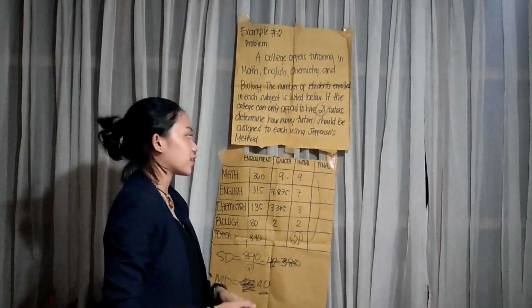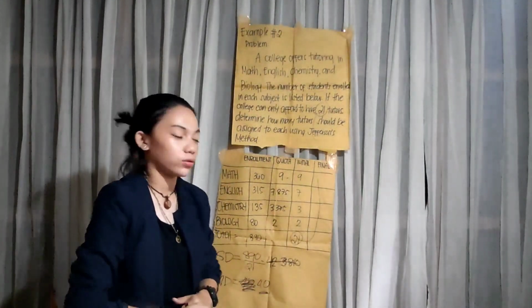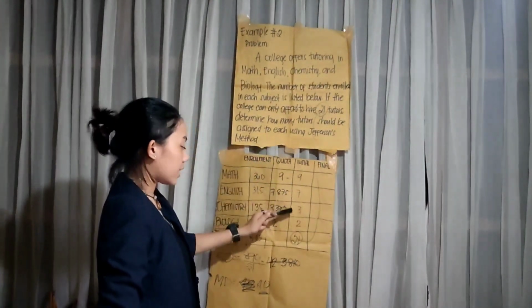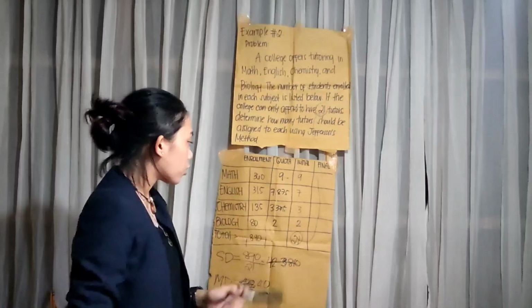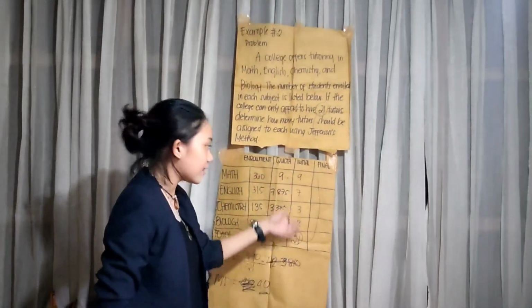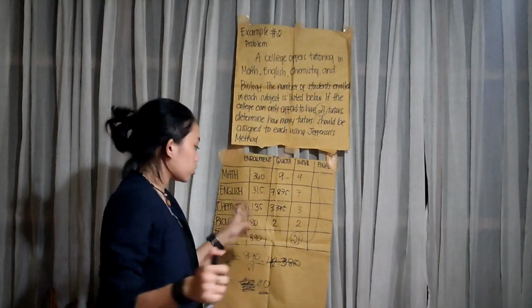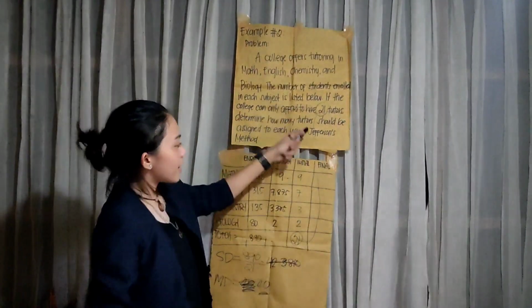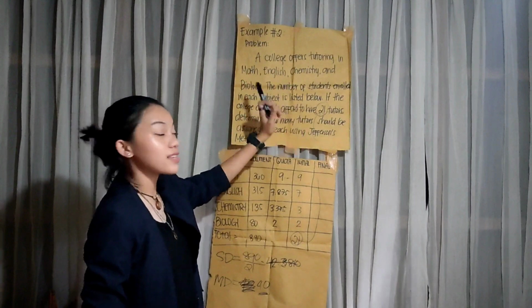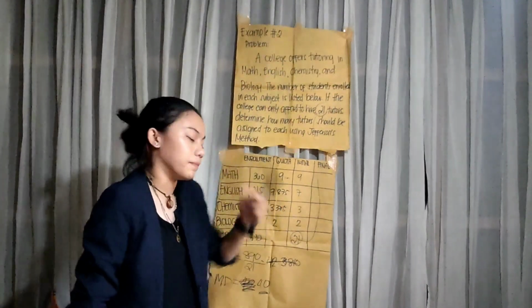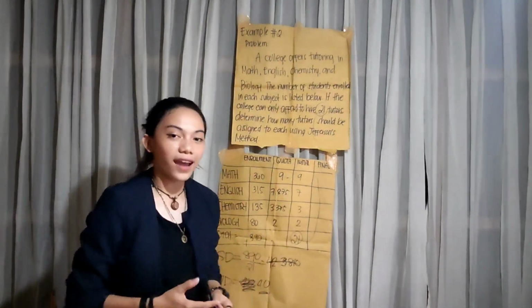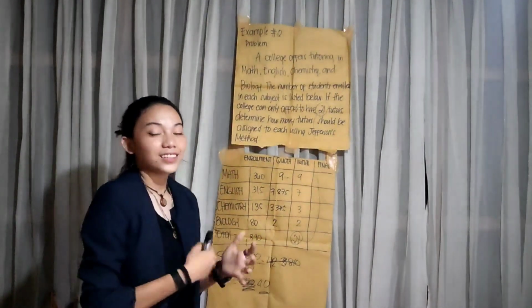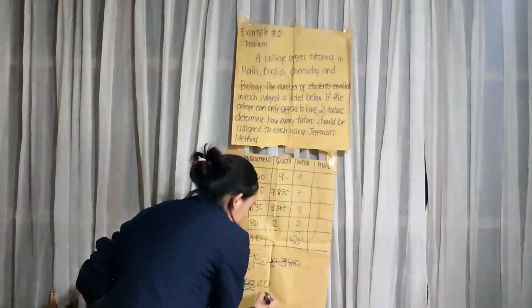Again, to get our initial or lower quota, just copy the first digits: 9, 7, 3, and 2. Add the initials to get the total, it is 21. So 21 is the same as the given number in the problem. So our modified standard divisor is 40.